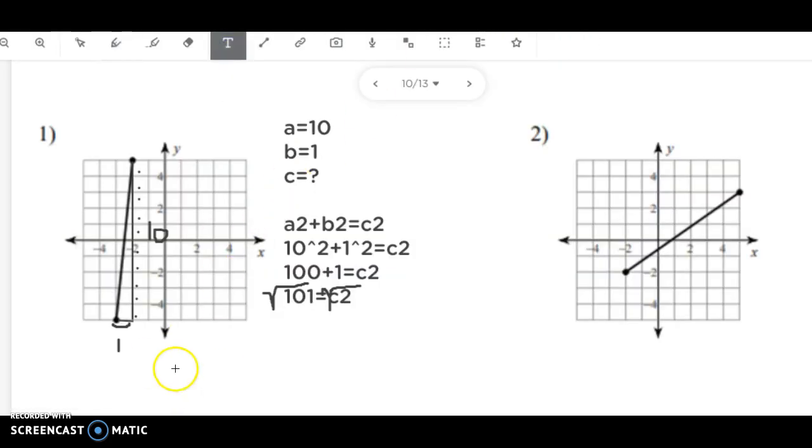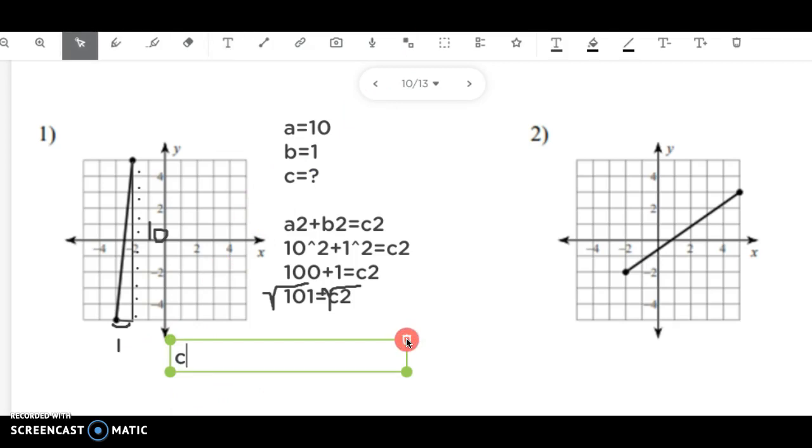So I'm gonna grab my text box, and I know that C equals 10.05. I said 10.5, but it's 10.05.